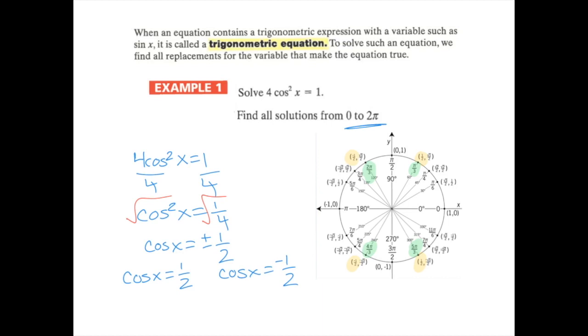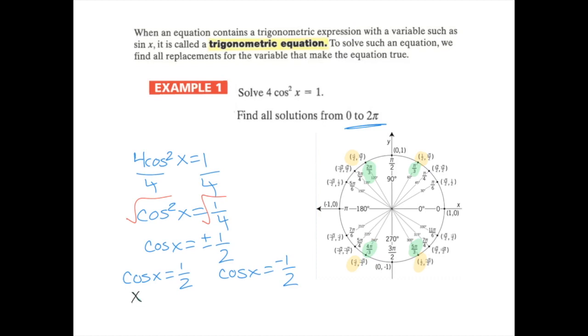So I've gone ahead and highlighted all of the values of x that are 1/2 and negative 1/2, which represents the cosine values. And along with that, in green, I've highlighted the radian angle measurements that go with that. So those green highlighted measurements would be our 4 angles that happen to satisfy these equations.